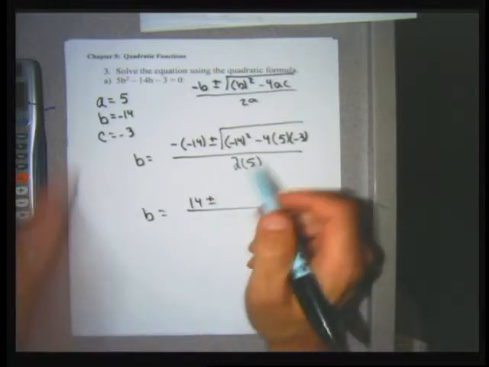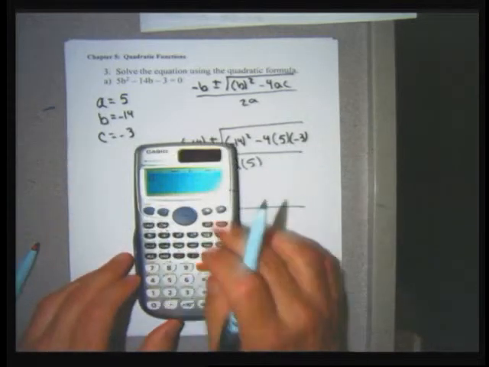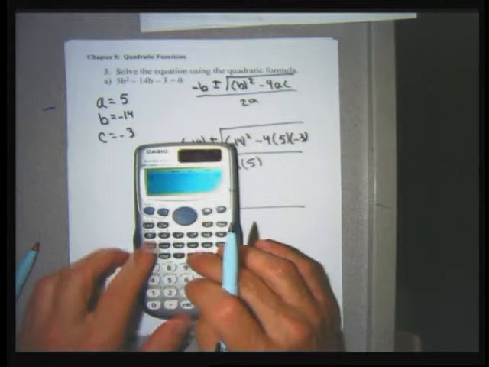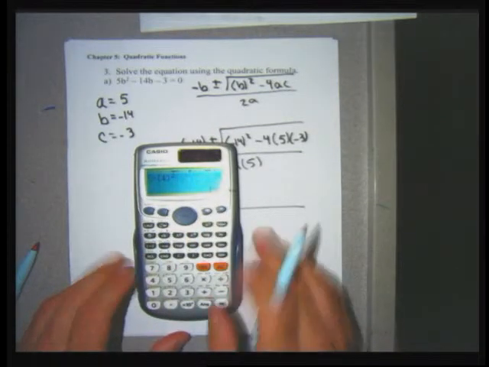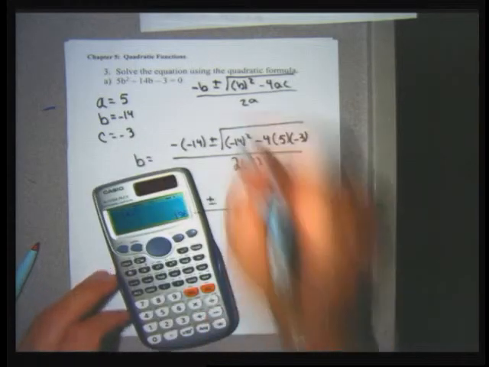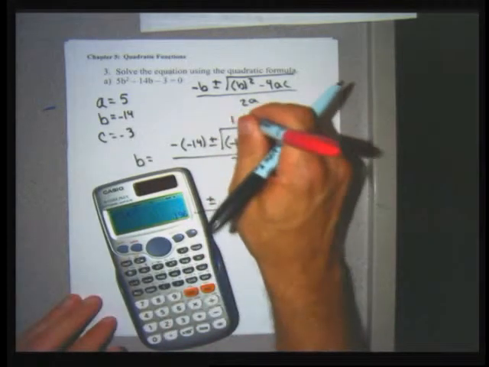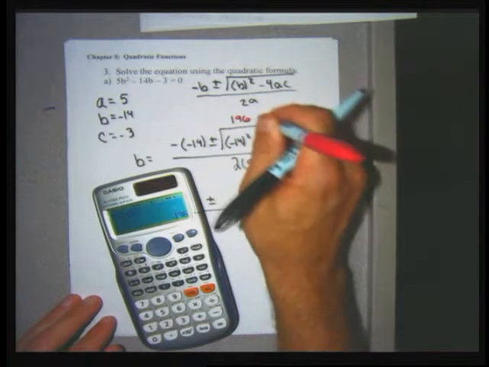And then under the square root, I think negative 14 squared is 196, but I don't know that for a fact. So I'm doing negative 14 squared on my calculator, and it is 196. So under the radical, you get 196. The double negative here is going to be a plus.